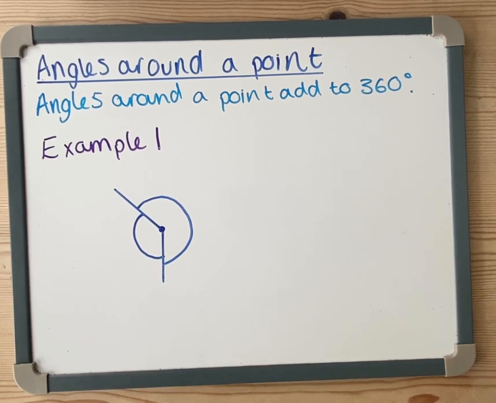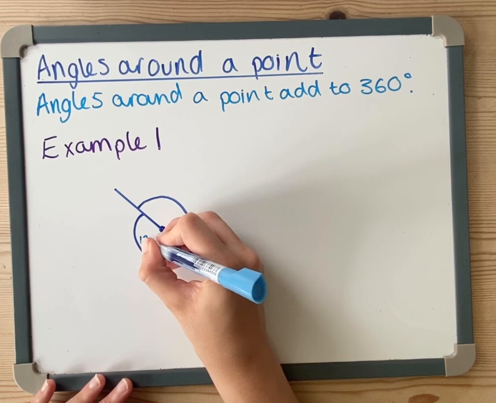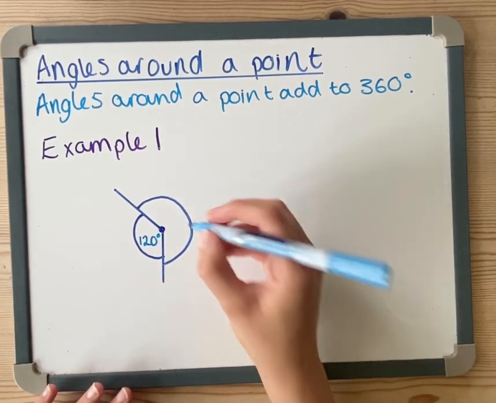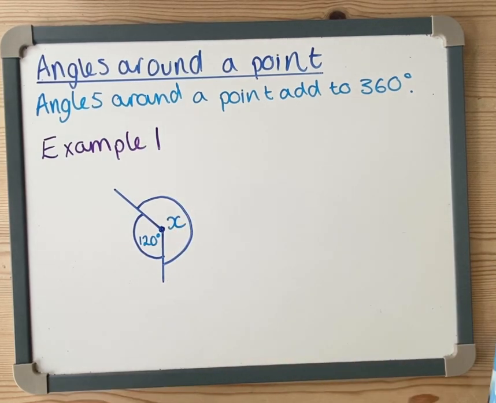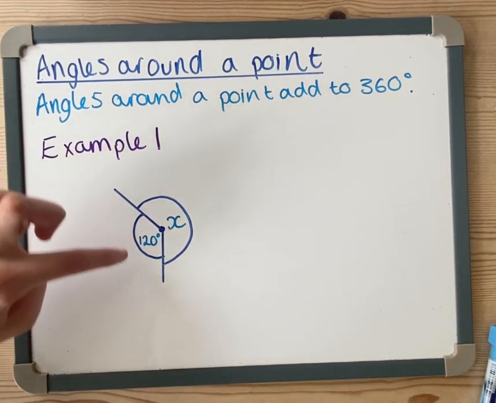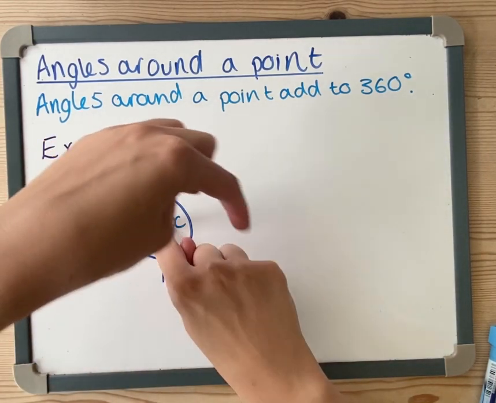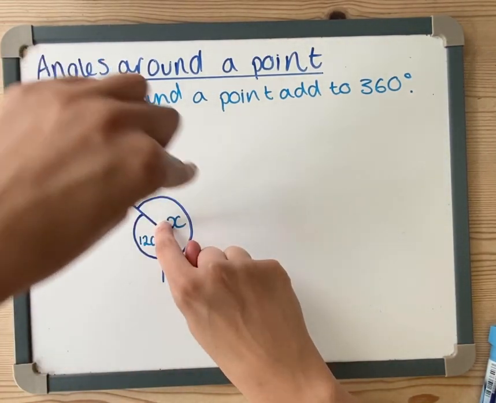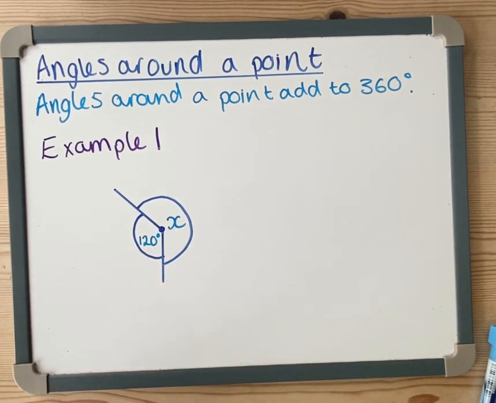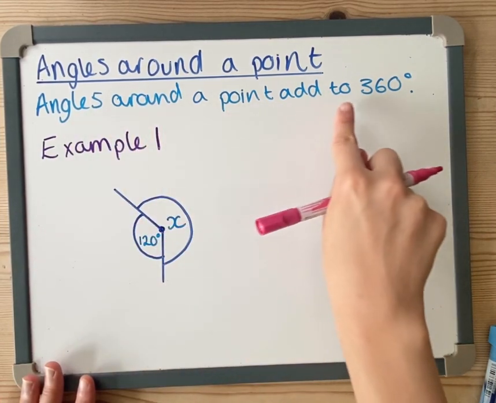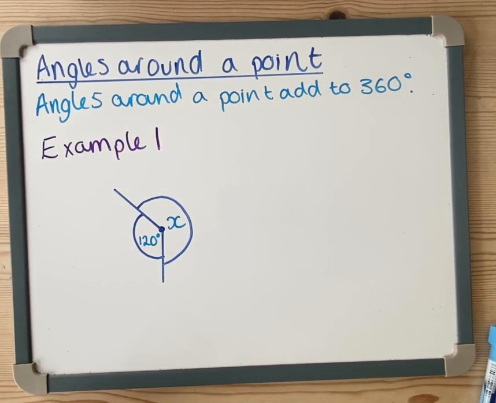I have been told that this angle here is 120 degrees. And I don't know what this angle is, so I'm just going to call it X. That's the one I need to work out. Now, these two angles around a point, there's the point, and they are going all the way around that point. So we need to work out what that one is based on the fact that that one is 120. Now, we know that angles around a point add to 360.